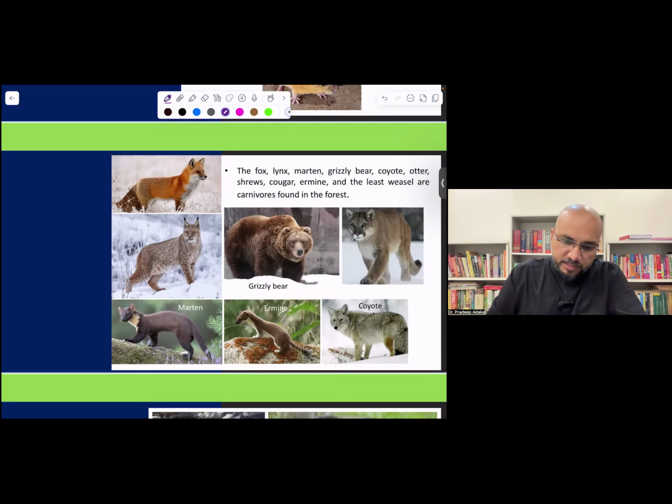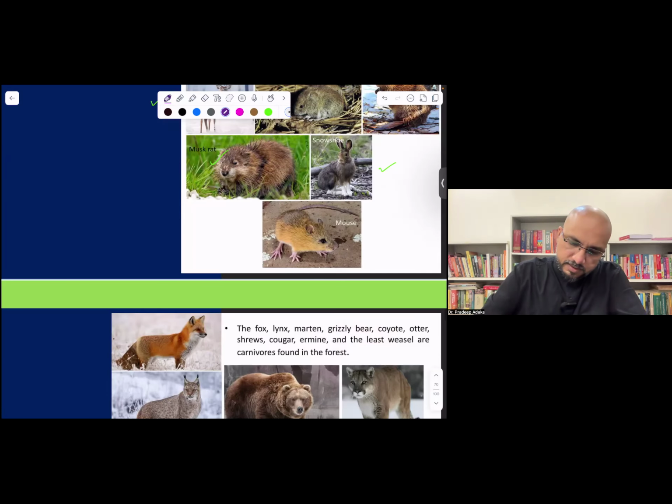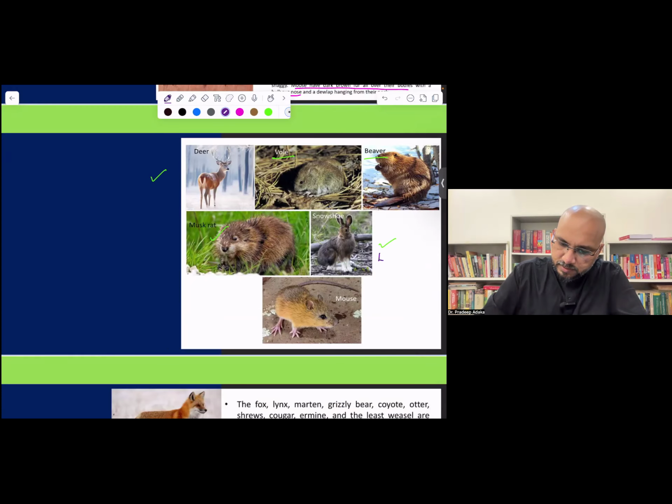Right. So we saw the example there. Snowshoe hare, lynx, and snowshoe hare. So they are called snowshoe because you see their legs, they are white in color.